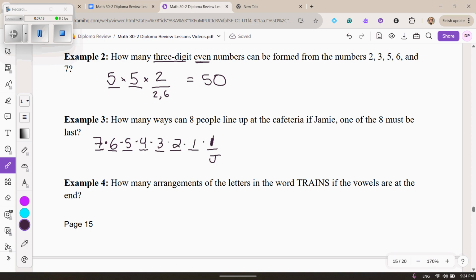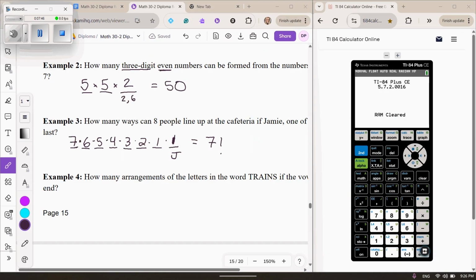Remember that if you are doing this for a written response, you need to put your multiplication symbols in there. Okay, this is equivalent to 7 factorial. Remember, 7 factorial means 7 all the way down to 1, just like is written. We can put times 1 if you want, but it's not necessary. Let me remind you where this button is on your calculator.